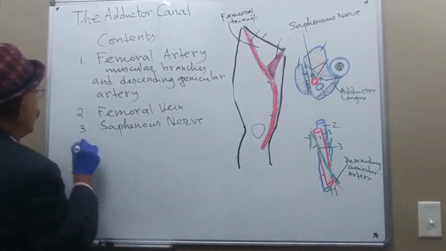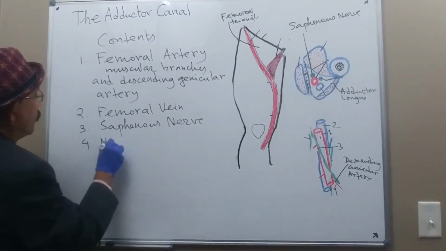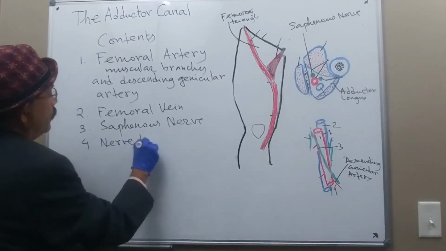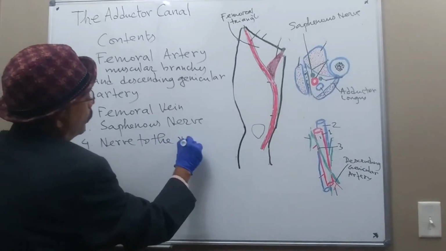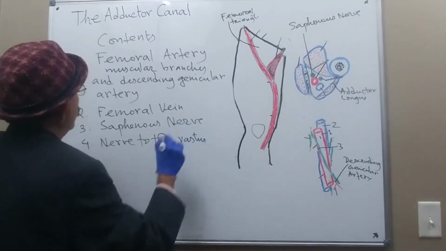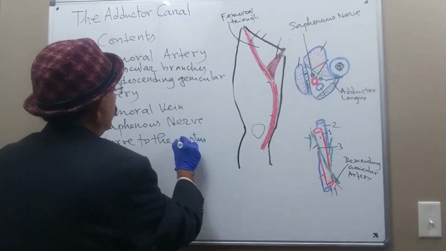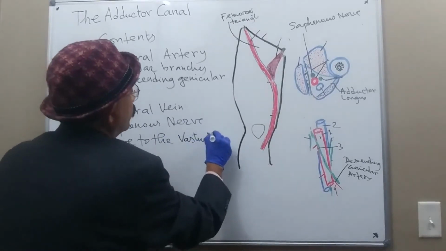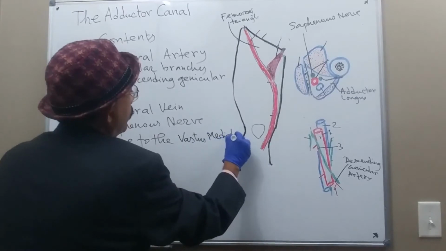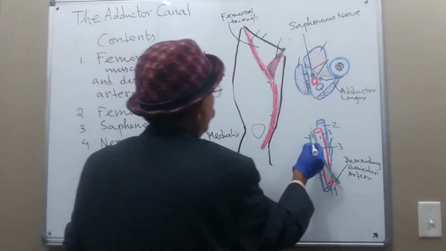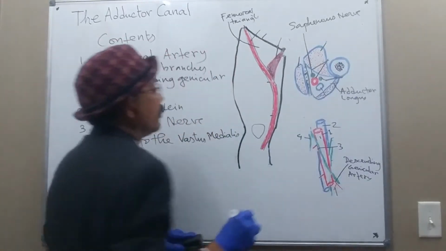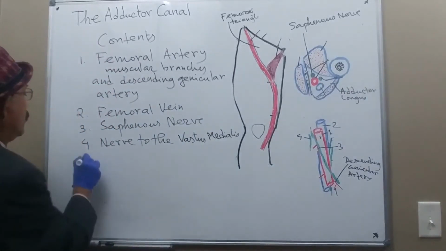Then the nerve to the vastus medialis. This is the nerve to the vastus medialis. Okay, we got that.